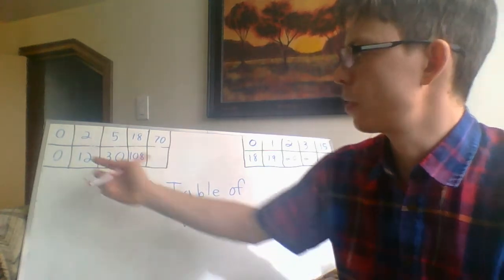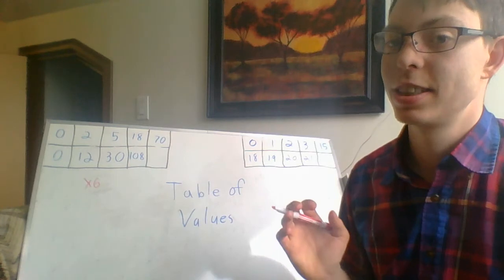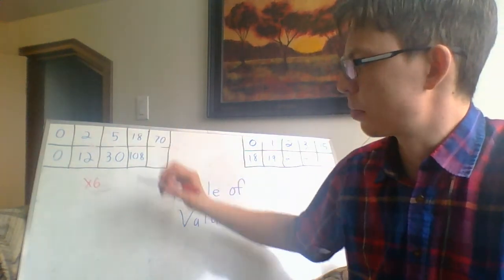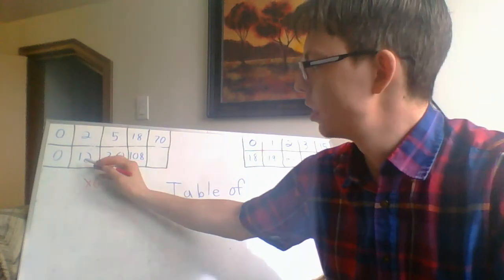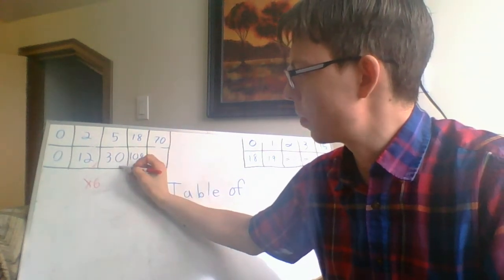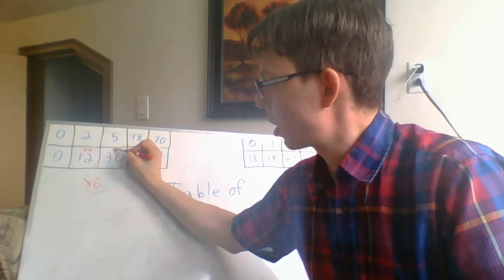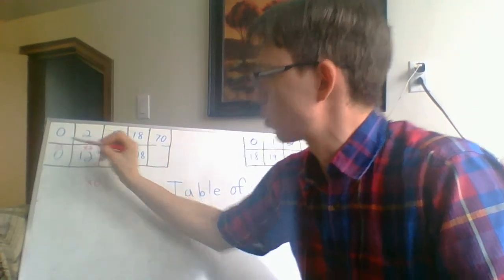That works. Let's see if it works over here. 0 multiplied by 6 is 0. 0 multiplied by anything is 0. 5 multiplied by 6 is 30. Hey, that one worked and that one worked. Multiplied by 6, multiplied by 6, and this one we multiplied by 6 as well.